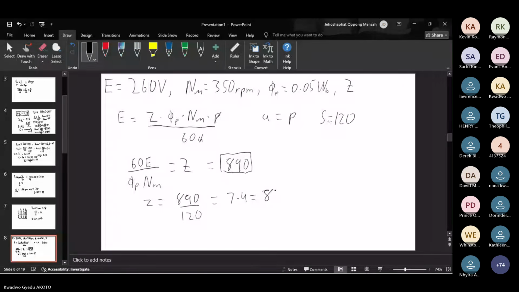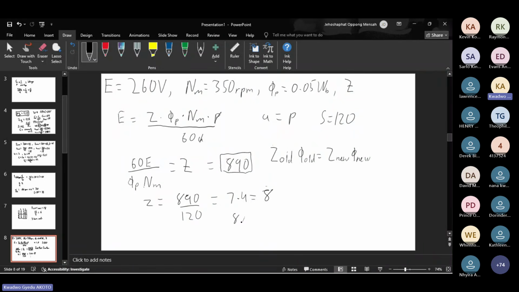All right. So now we want to look at our useful flux per pole. If our machine is identical, then Z old phi old should give us Z new phi new, where our Z new is now going to be, we know we are picking 8 conductors per slot.